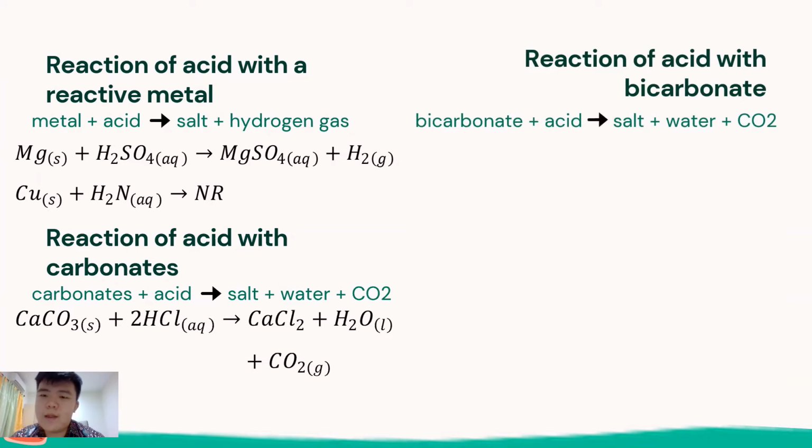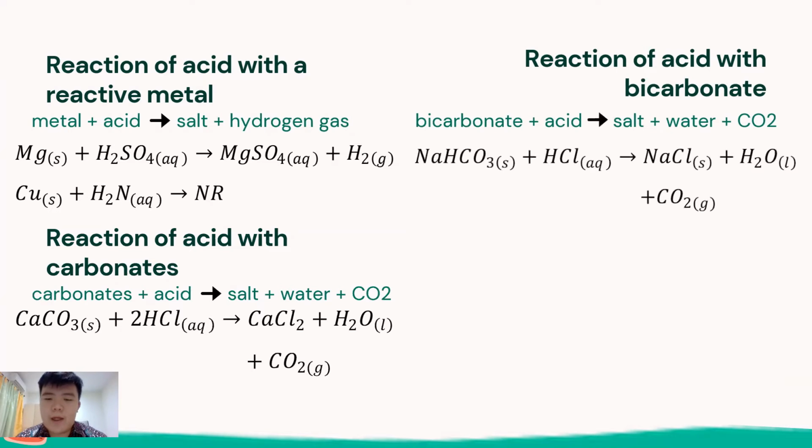Then, the reaction of acid with bicarbonate is the same. When bicarbonate reacts with acid, it will yield salt, water, and carbon dioxide. For example, sodium bicarbonate or potassium bicarbonate, when reacted with hydrogen chloride, will yield potassium chloride, a water molecule, and also a carbon dioxide molecule.